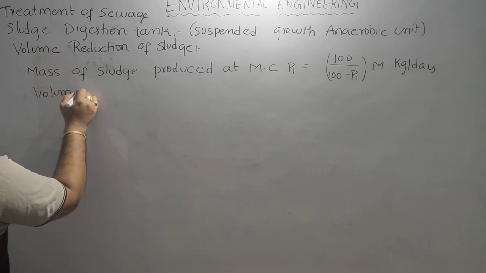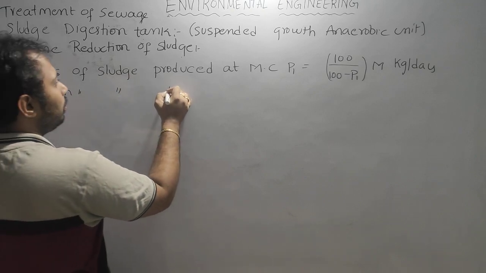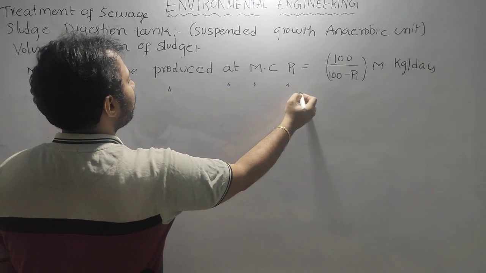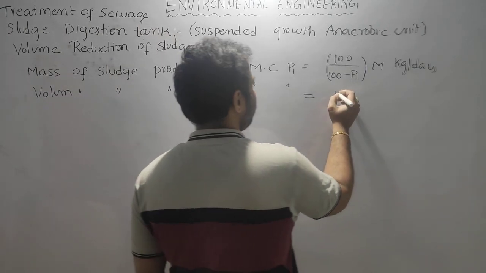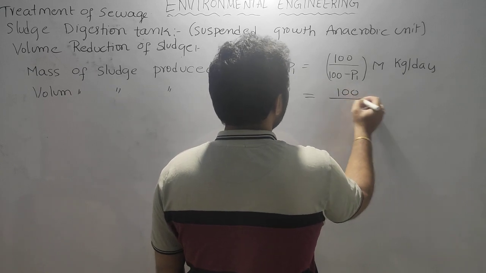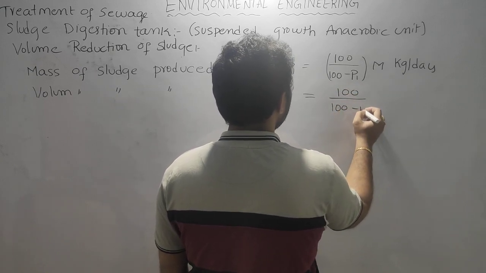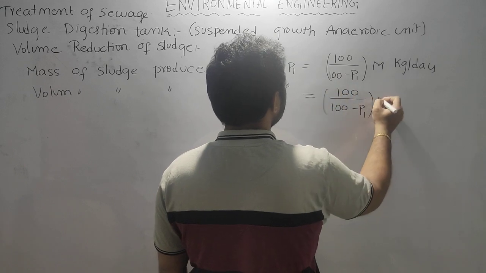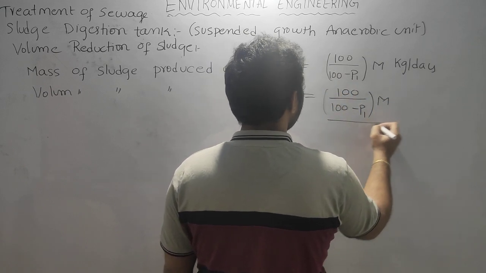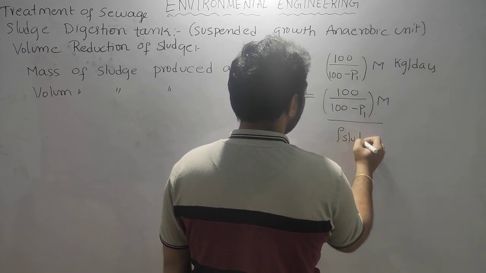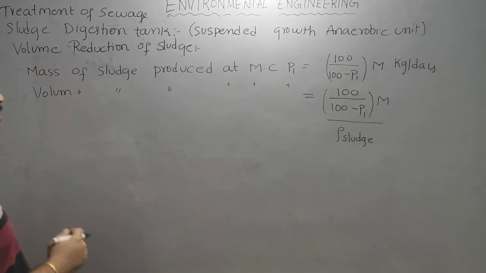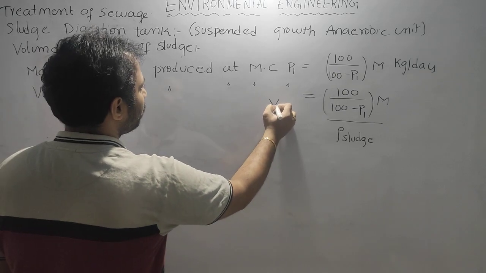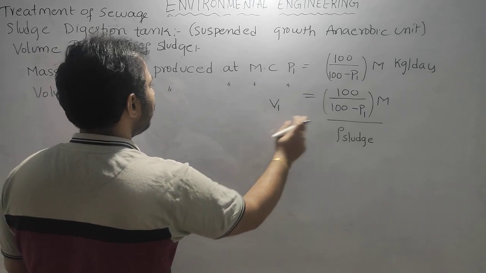The volume is the mass divided by the density of the sludge, so 100 by (100 minus P1) into the mass of dry solids by rho of sludge. This is the volume of the sludge, V1. Let us take this as V1.